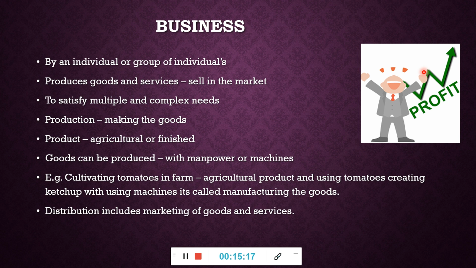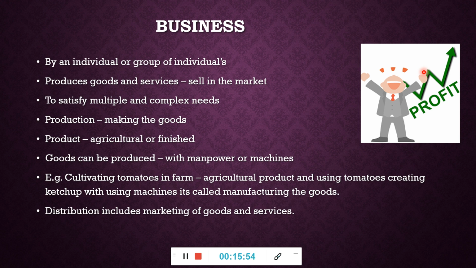Tomatoes सबको लगते हैं. तो tomatoes ये खेत में उगाए, that you can call an agricultural product. और इस प्रोडक्ट का कुछ अलाइड प्रोडक्ट, यानी उसका कंपोनेंट लेके, उसका यूज़ करके हम लोग उससे केचप बनाते हैं या प्यूरीज बनाते हैं रेडीमेड. तो it is called a finished product. इसको प्रोसेस से जाना पड़ता है, कुछ मशीन से प्रोसेस करके उसमें कुछ इन्वॉल्वमेंट हो चुका है. So it is called a finished product.